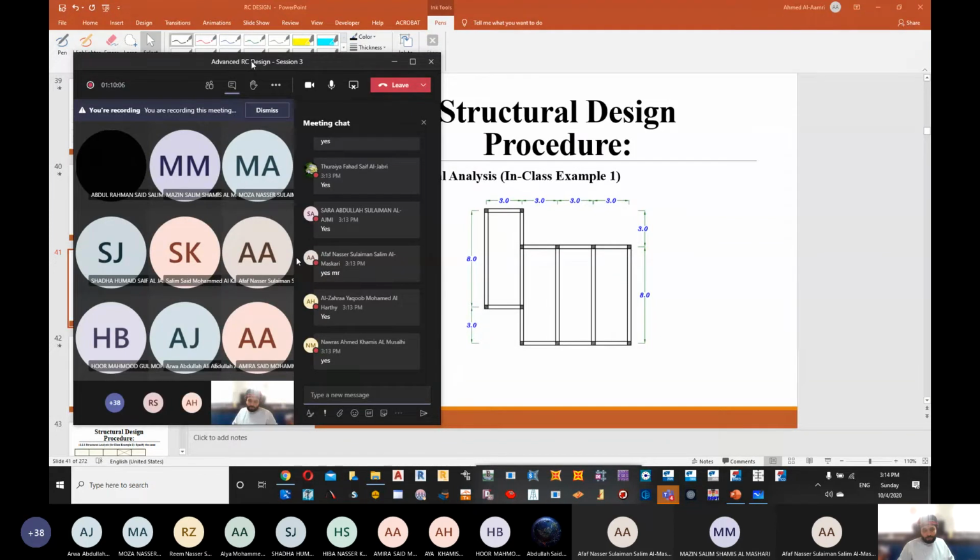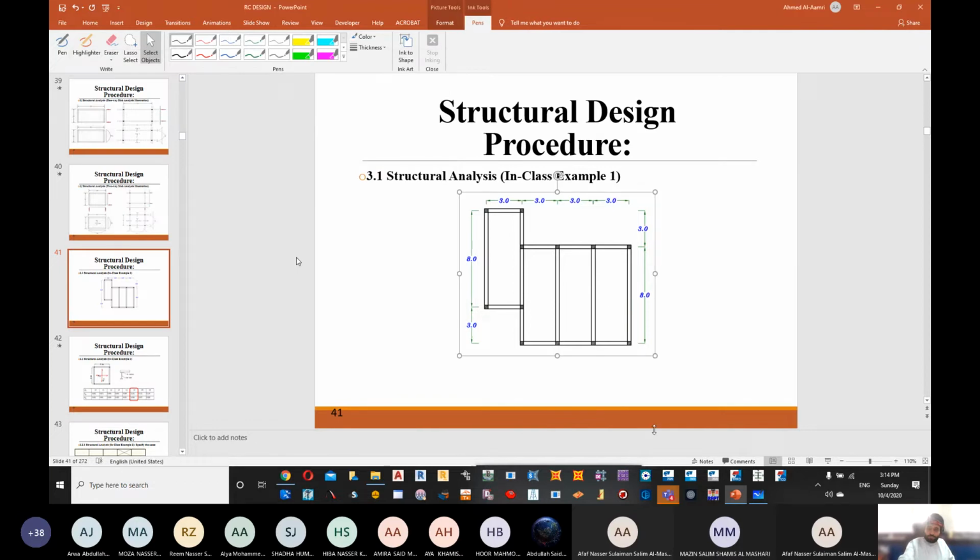Now you have understood everything. Any idea how to solve the bending moment for this sheet?